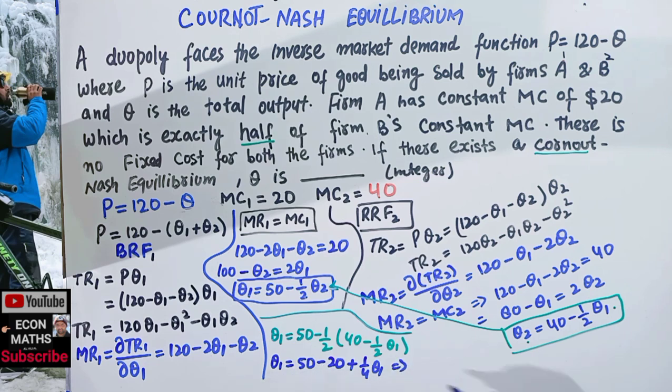If I transpose it here, Q1 minus Q1/4 will be equal to 30.